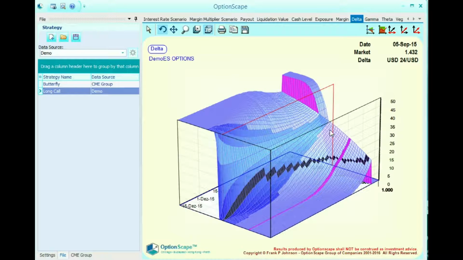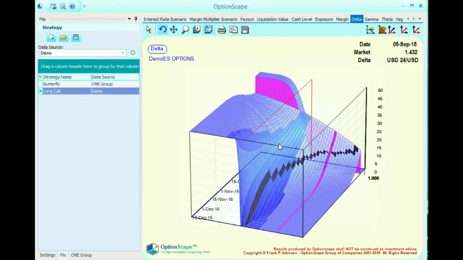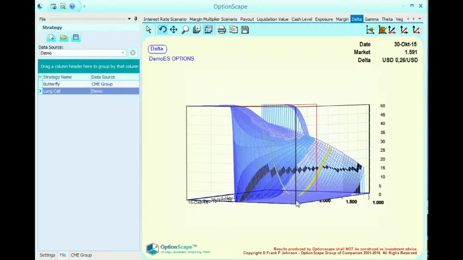But with lifetime going down to 0, the delta becomes more and more extreme. The Gaussian bell becomes smaller and smaller, and at the end we have a binary delta of 0 out of the money and 1 in the money.